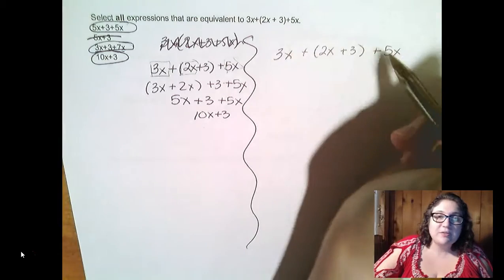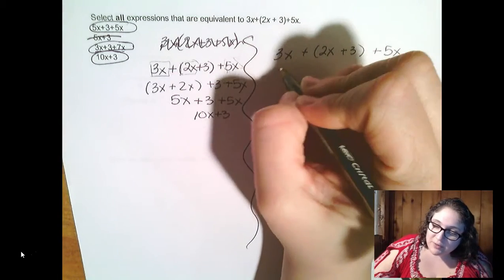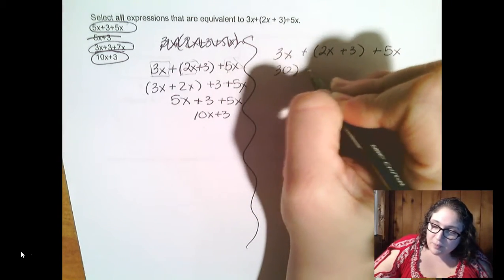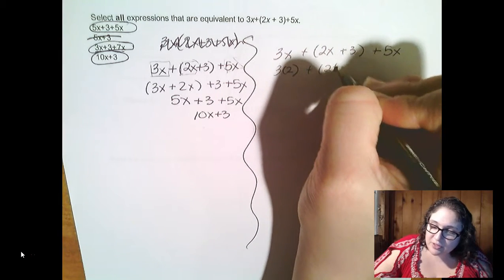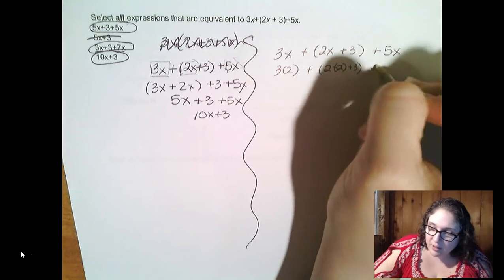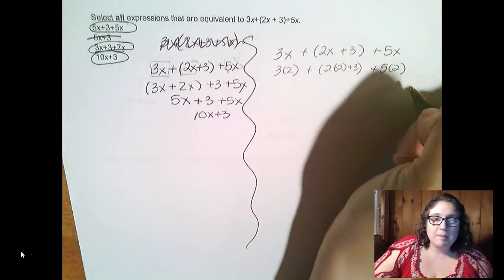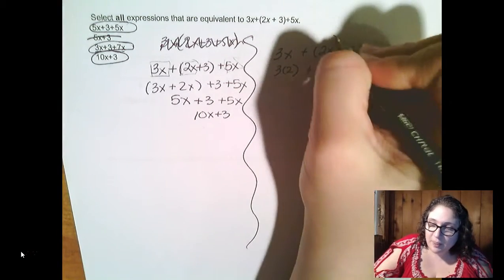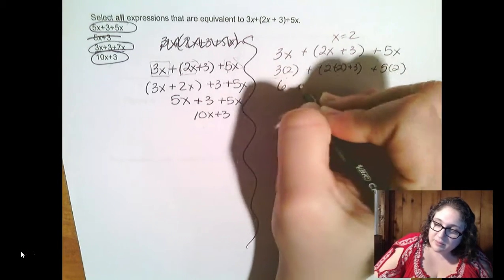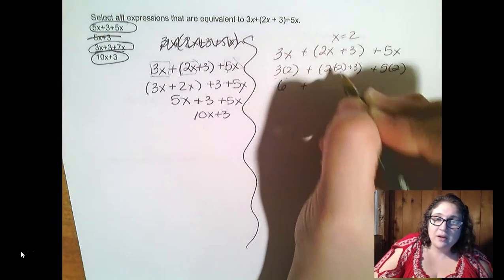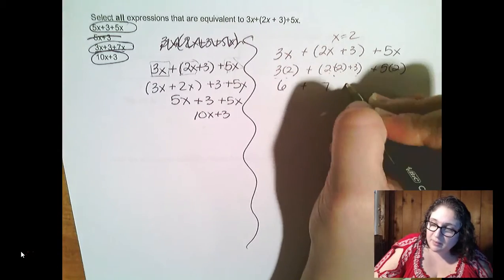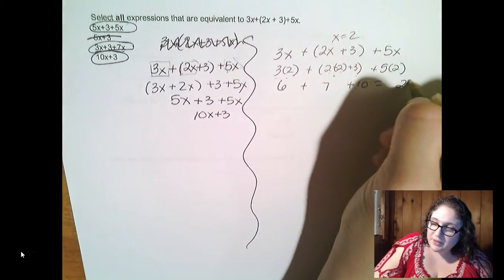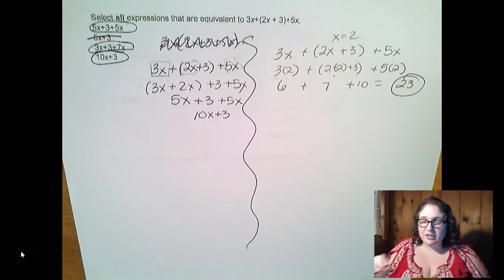If we put 2 in for each one of these, we're left with 3 times 2 plus 2 times 2 plus 3 plus 5 times 2, right? All we're doing is substituting in. 3 times 2 is 6 plus 2 times 2 is 4. 4 plus 3 is 7 plus 10. We're left with 23. 23 is our magic number.